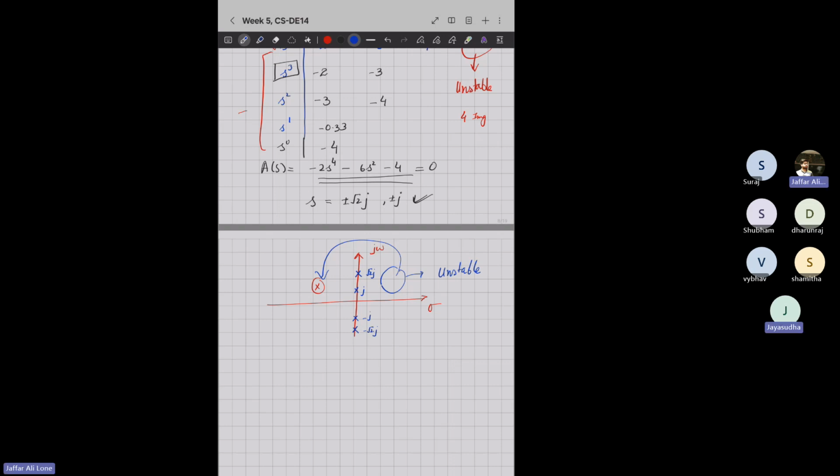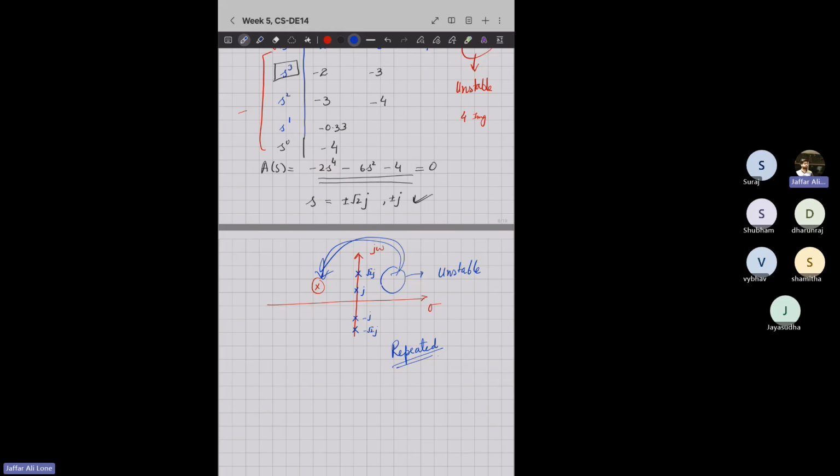I told you in the beginning that multiple poles on the imaginary axis make the system unstable, sir. No, the multiple poles, but the condition is they should be repeated. Here they are not repeated. So if this pole is shifted to the LHP, it is a marginally stable system.